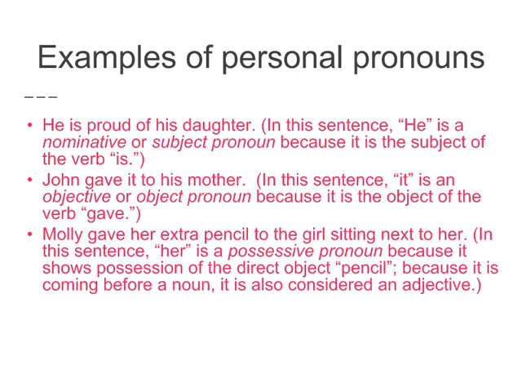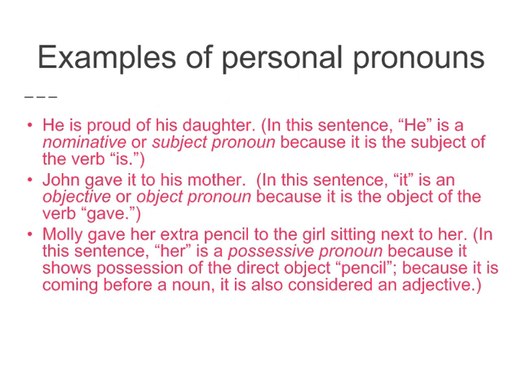Now, if you look at the first 2 sentences, in fact, there are also possessive adjectives in those sentences. The top sentence, once again, he is proud of his daughter. His is a possessive pronoun.